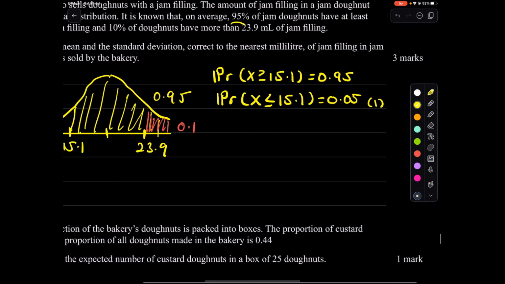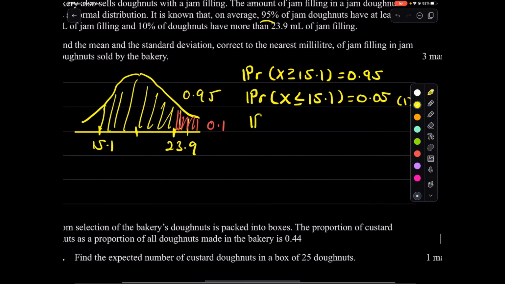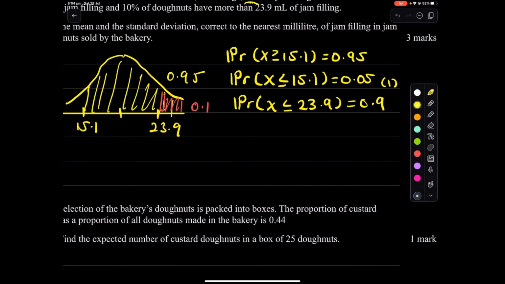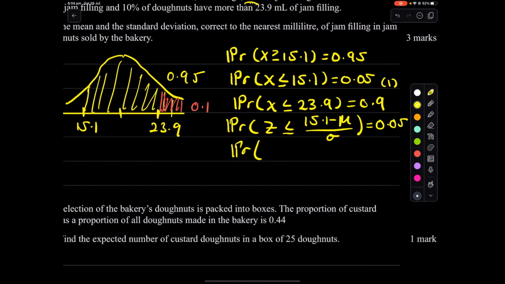That's your first equation, and we do the same for the other one, so the probability X is less or equal to 23.9 should equal 0.9. Now we can say the probability Z is less or equal to 15.1 minus your mean over your standard deviation is equal to 0.05, and the probability Z is less or equal to 23.9 minus your mean over your standard deviation is equal to 0.9.